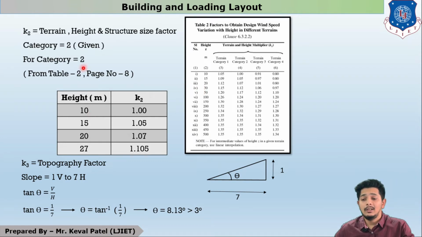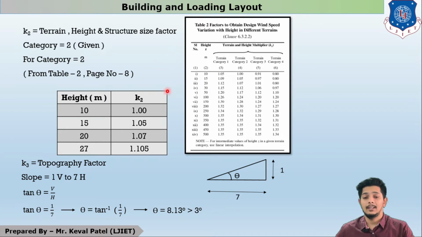Now for 10 meter and terrain category number 2, the value is 1, then the values are 1.05, 1.07, and for 27 we have to interpolate between 20 meter and 30 meter, and it comes out as 1.105. So I have a small table prepared for K2 for the problem.